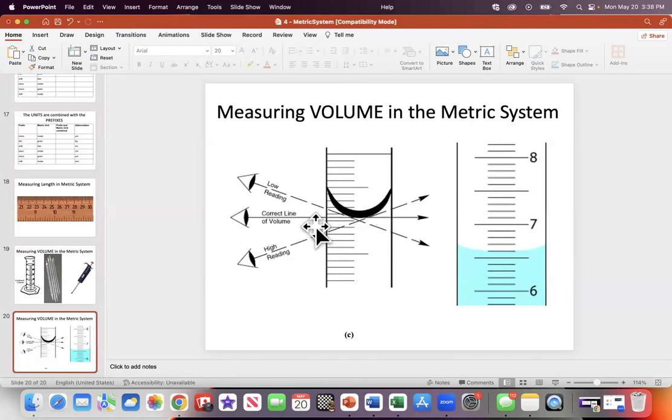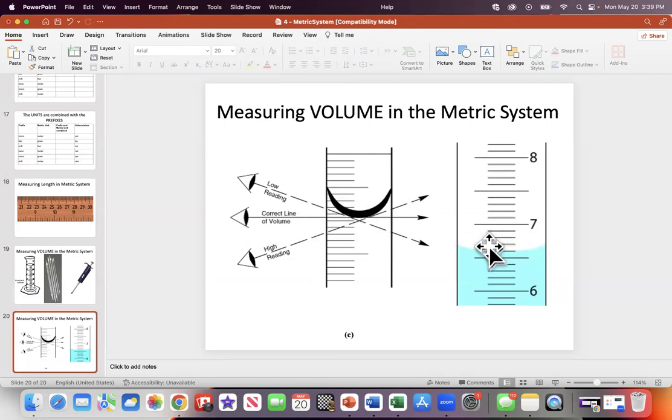So the correct way is, you put your eyes in the same horizontal line. So look at the concave, right? Concave, yes. Convex, concave, I always mix these two. Concave ones, this area.